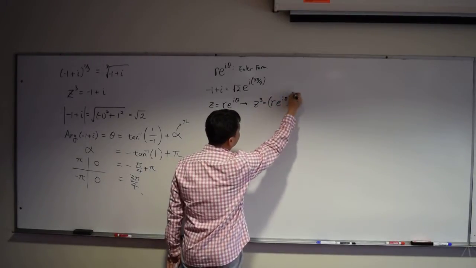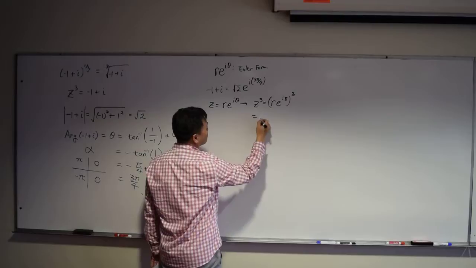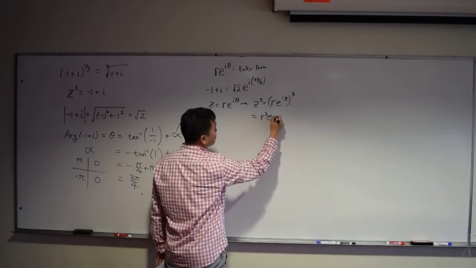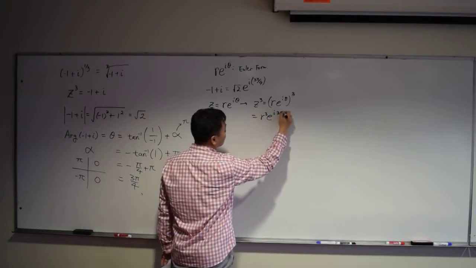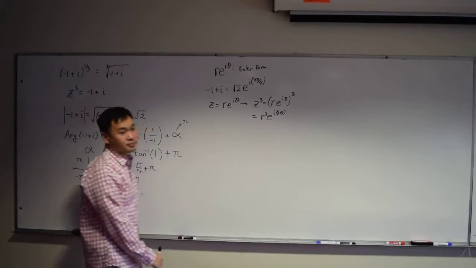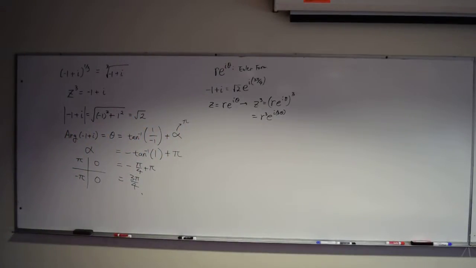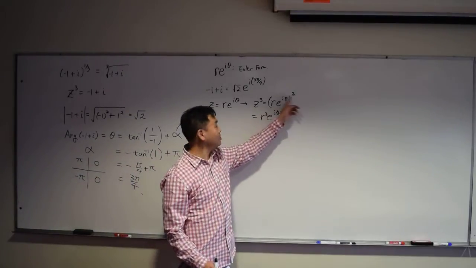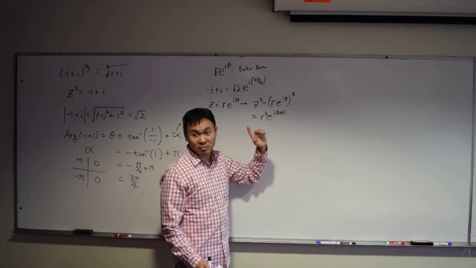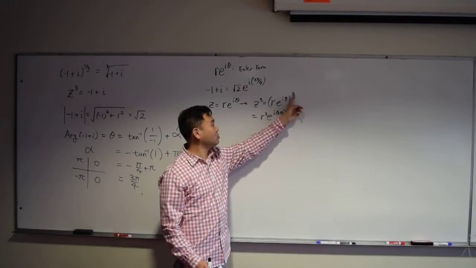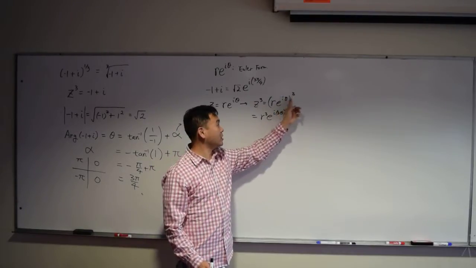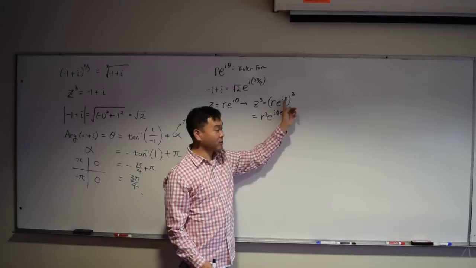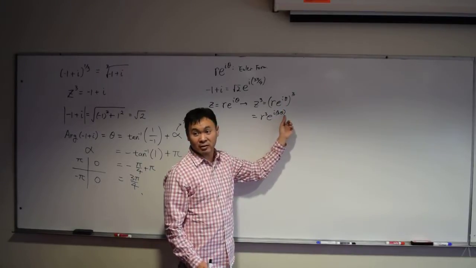I have to take the cube of it, which is r cubed e to the i 3 theta. Is that right? Because this exponent distributes to both of them, right? And when you take the cube of e to the i theta, this 3 gets multiplied to i theta, so you get i times 3 theta. Yes?